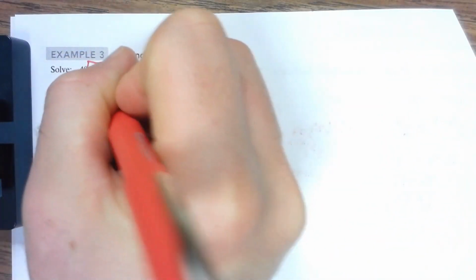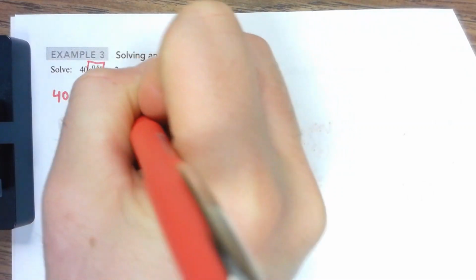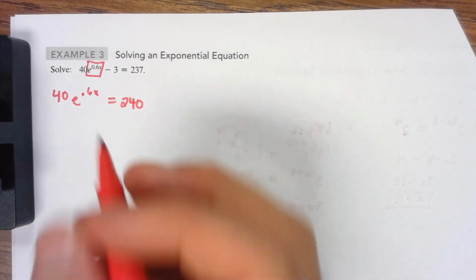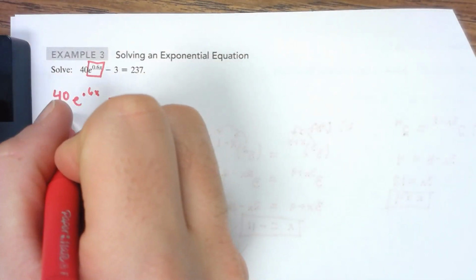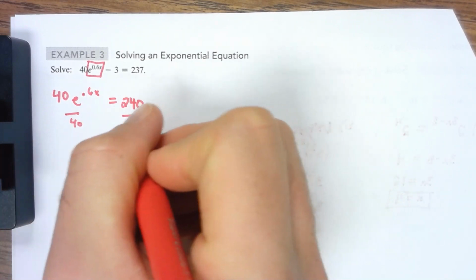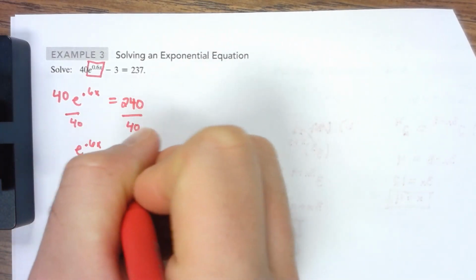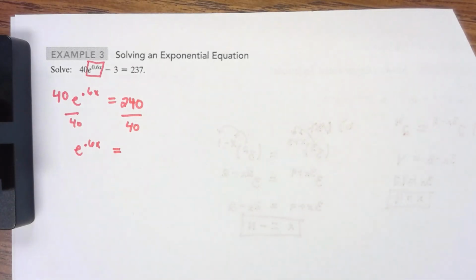So I get 40 times e to the 0.6x equals 240 after I add 3 to both sides. And then I need to divide by 40. So I get e to the 0.6x equals 240 divided by 40.